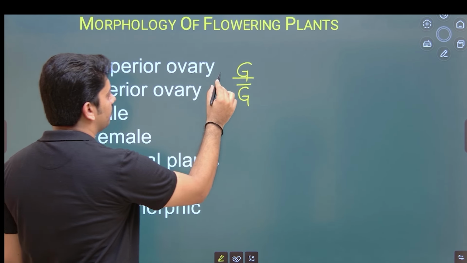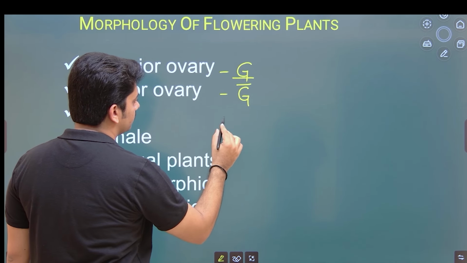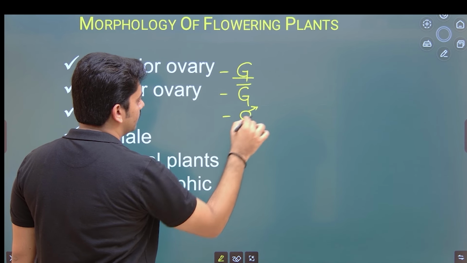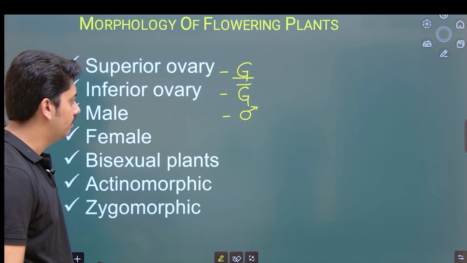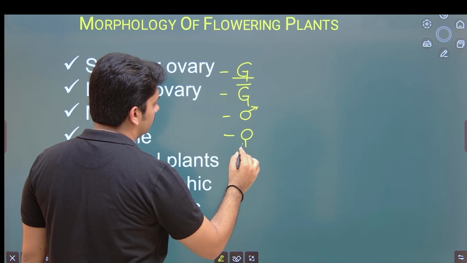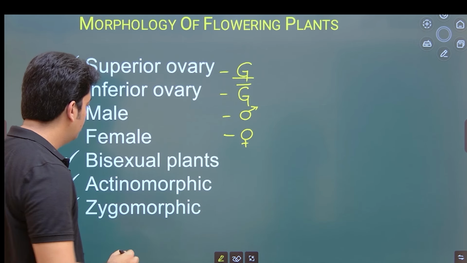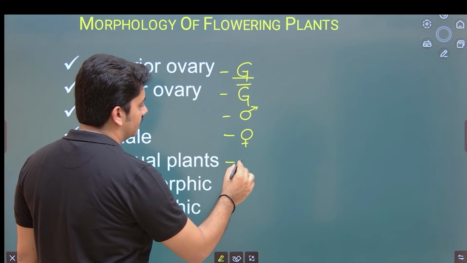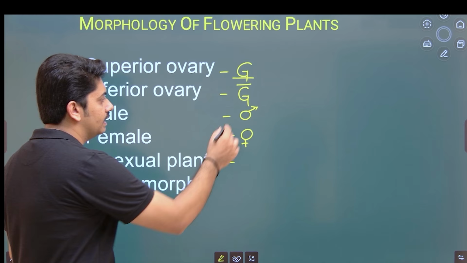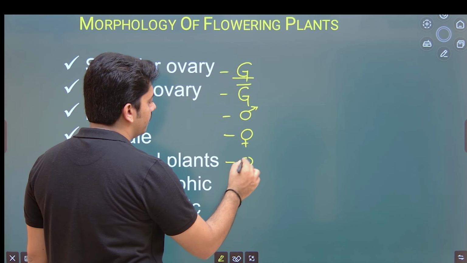Then male is represented as a circle with one arrow mark, female as a circle with plus sign at the bottom. Bisexual plants, that means flower should have both androecium and gynoecium. These are the unisexual flowers.